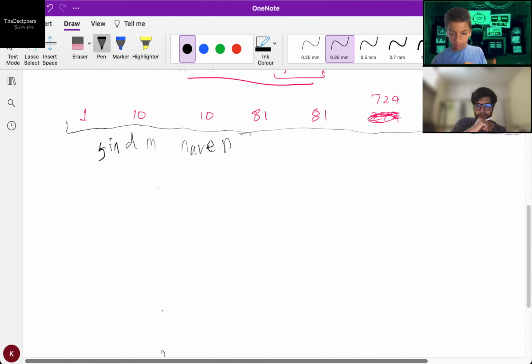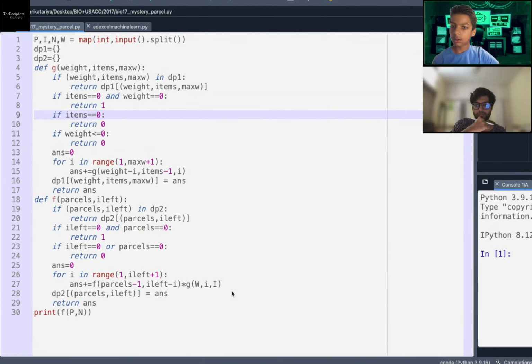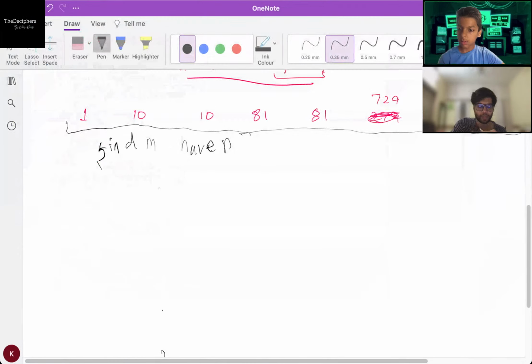Just keep adding these terms until we reach n. So we can code it. Yes, let's go and code it, to get the number of digits.